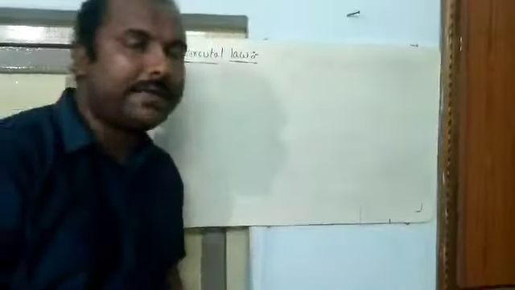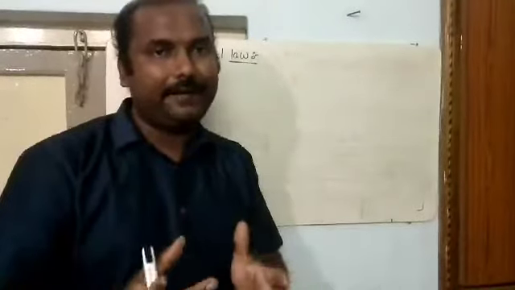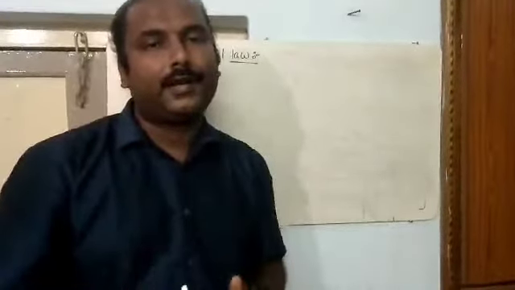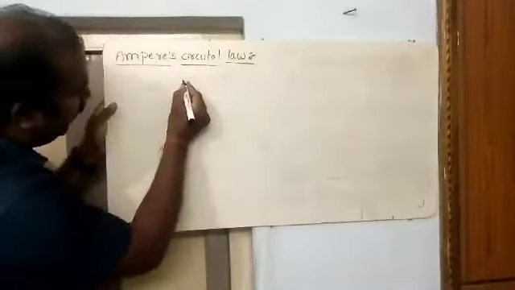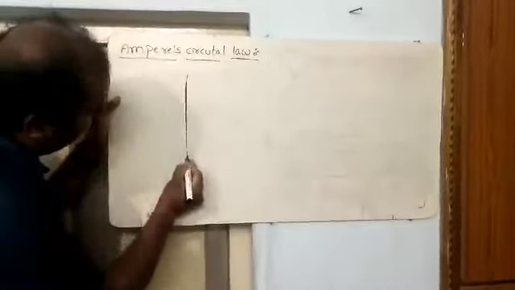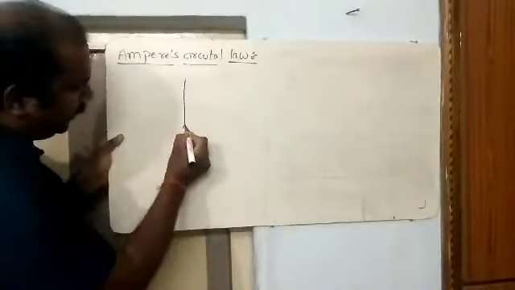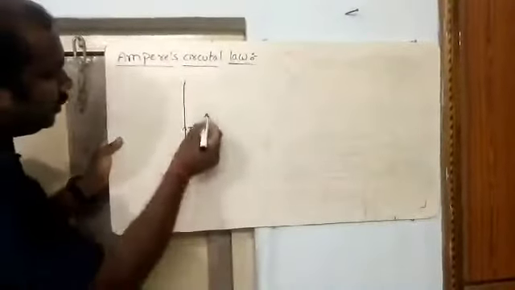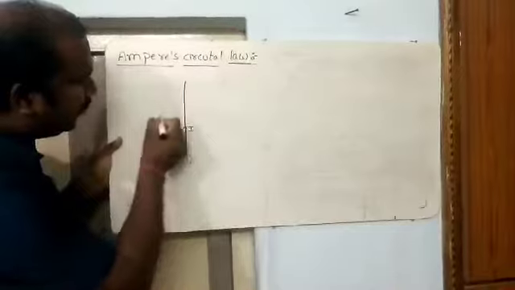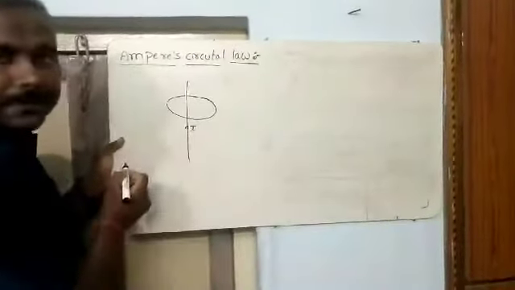Now, by using this Ampere circuital law, how can we find the magnitude of magnetic field due to a straight current carrying conductor? Suppose here I am taking one conductor, it is carrying current I. Now my aim is to find the magnetic field due to the straight current around the conductor, like this.